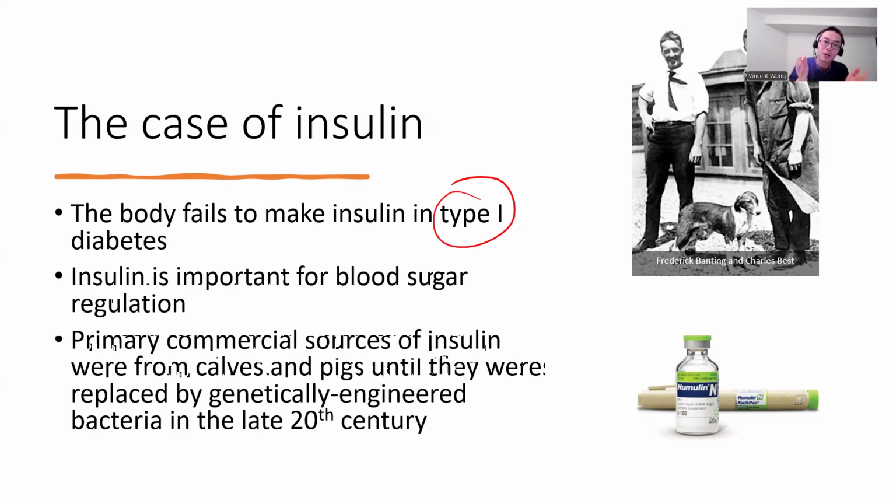But for people who have type 1 diabetes, this is diabetes that occurs early on, usually in life. It can happen sometimes later on as well, but generally it happens earlier in life, and people might even be born with type 1 diabetes, and their body is not able to make the insulin.